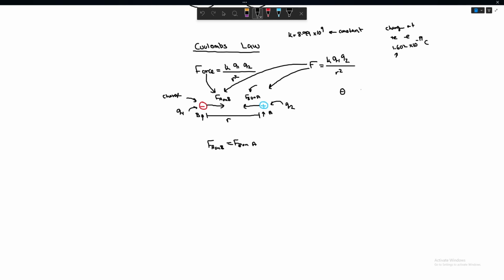And so if we have a negative and a negative, direction is that way. And obviously if we have a positive and a negative, we have this way. That's the only thing the negative and positive indicate when it comes to Coulomb's law.